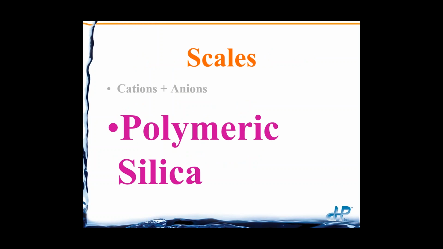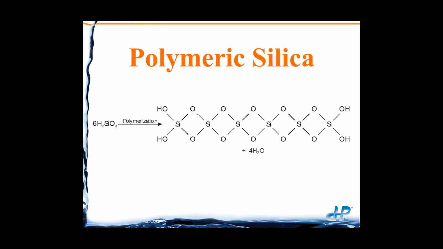And then finally on scales, polymeric silica, not as common, and I've never seen it on a surface water, but on certain well waters that are high in silica, you can get polymerization of silica, and this takes a different type of cleaning to depolymerize the polymeric silica.